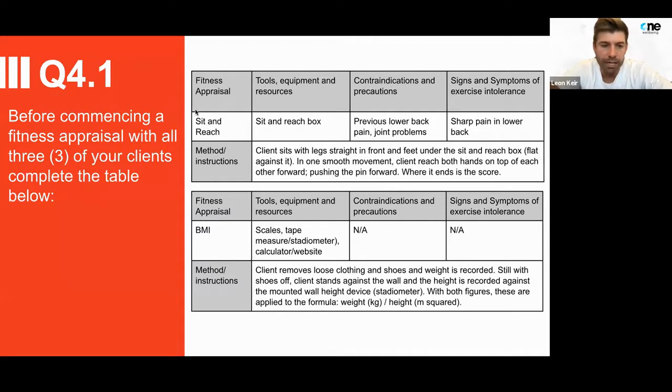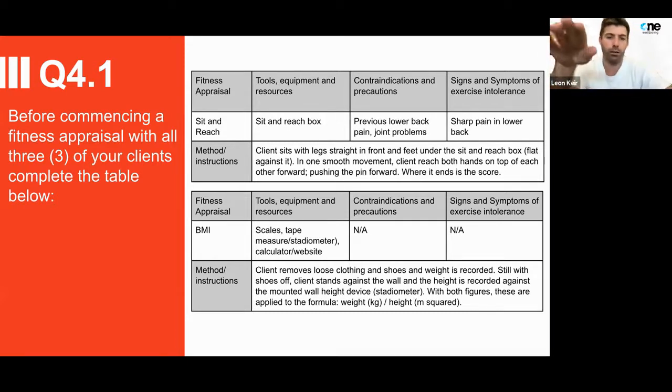All right, the sit and reach test. Again, most of you guys have done this before, I would assume. You sit down with your legs 2 feet in front of you. We're testing our client's hamstring flexibility. So we're getting the client to reach out in front of them with their legs straight.